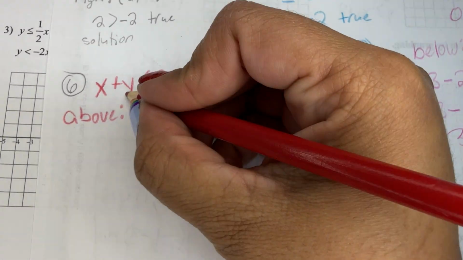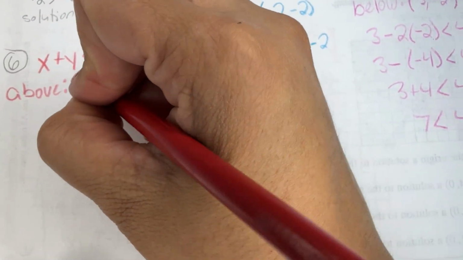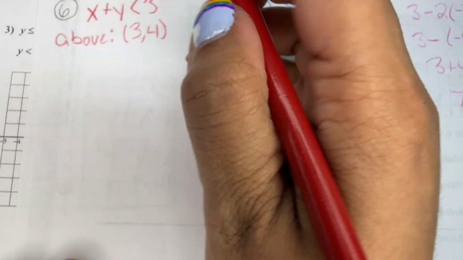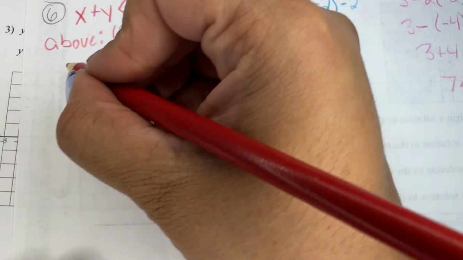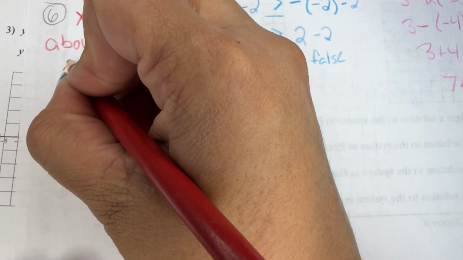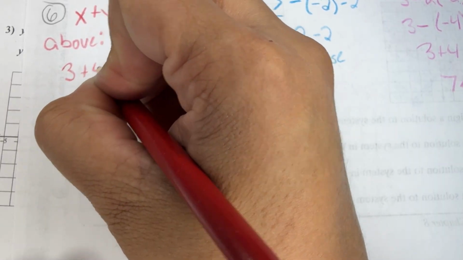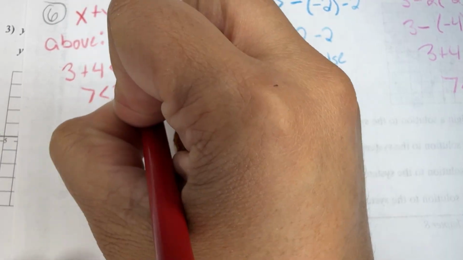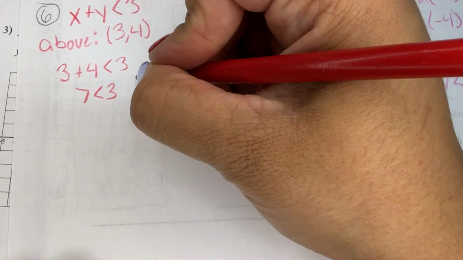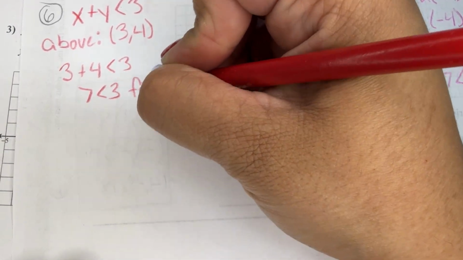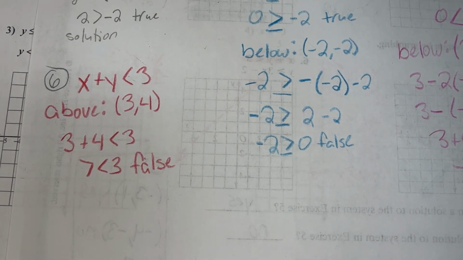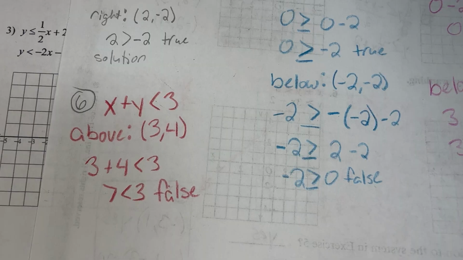So we have x, so 3, plus our y, 4, is less than 3. 7 is less than 3. That is false.